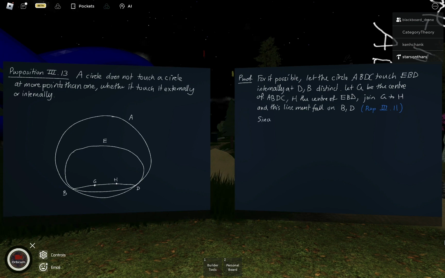Since G is the center, BG equals GD, despite appearances. Therefore, BG is greater than HD.